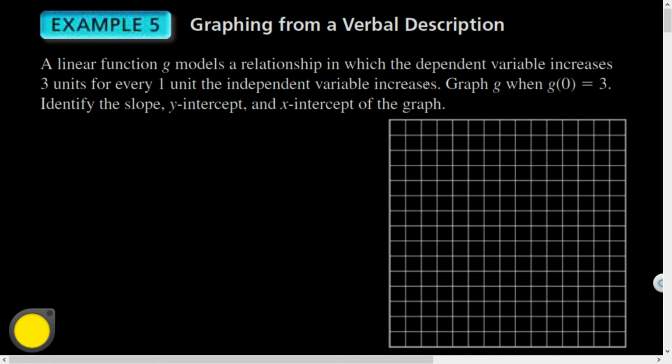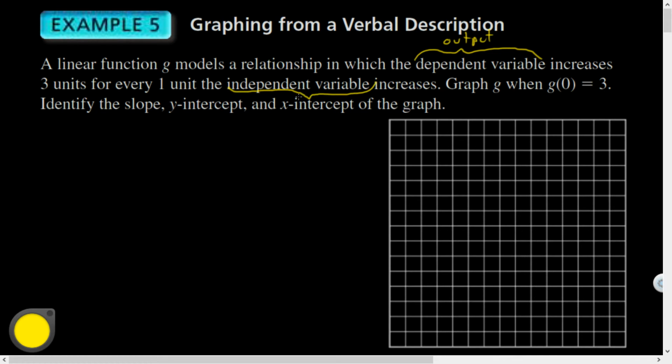Models a relationship in which the dependent variable, I want to point that out, that means output. That would be y in some cases, which we can use because they called it y there. It increases 3 units for every 1 unit of the independent variable.